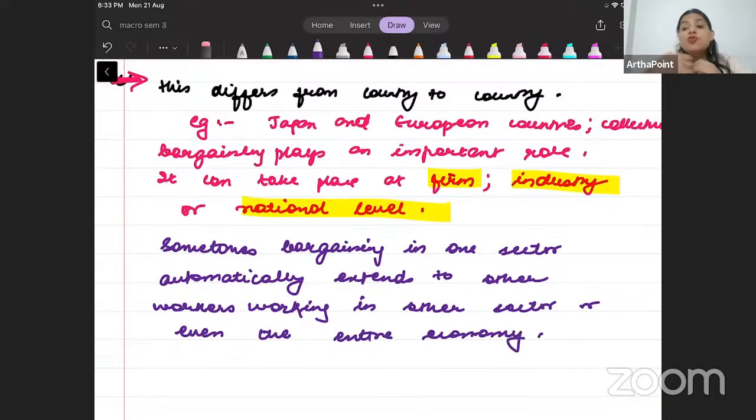So sometimes this movement starts in such a way that it simply extends to the entire economy.